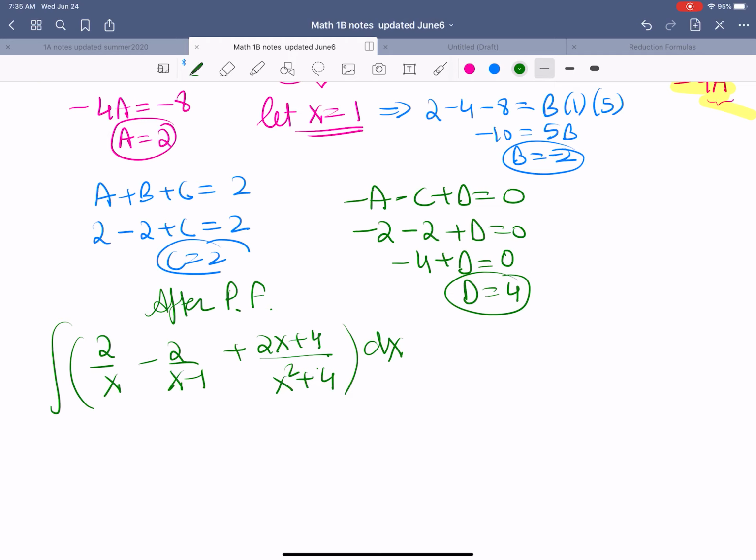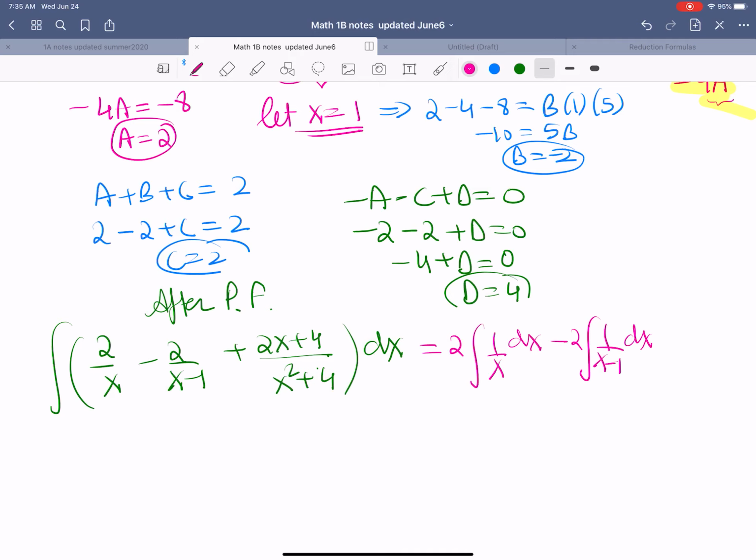Now let's go ahead and change it into the pieces. So 2 over x is pretty simple to take care of. Again, I could pull the 2 out in the front. That's probably nice. Then I can write it as 2 times the integral of 1 over x dx minus 2 times the integral of 1 over x minus 1 dx.